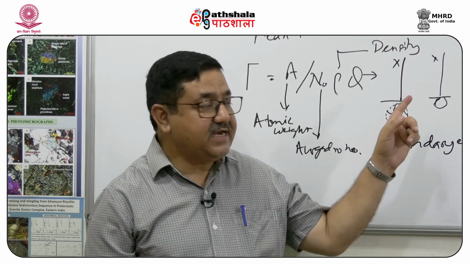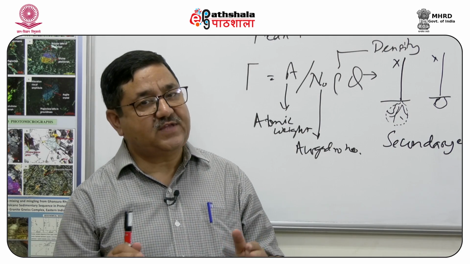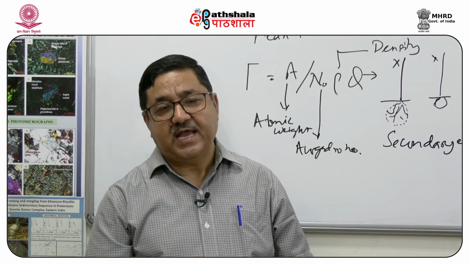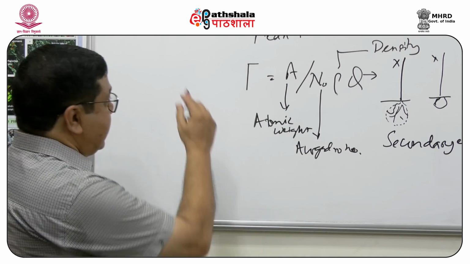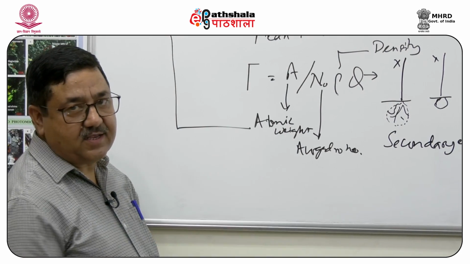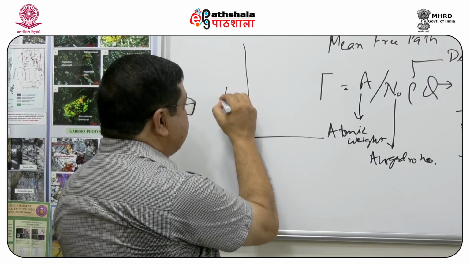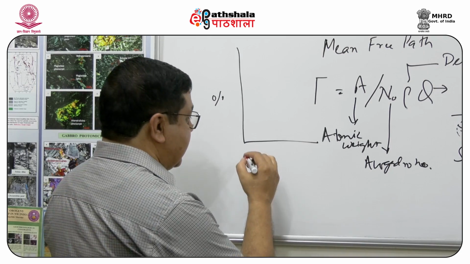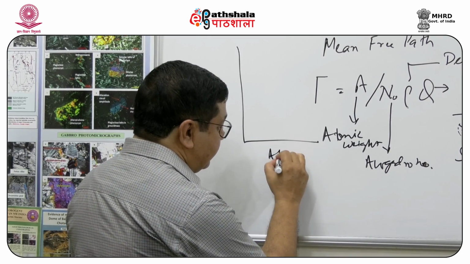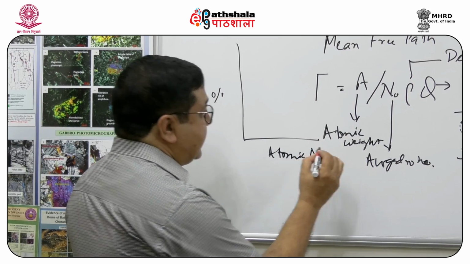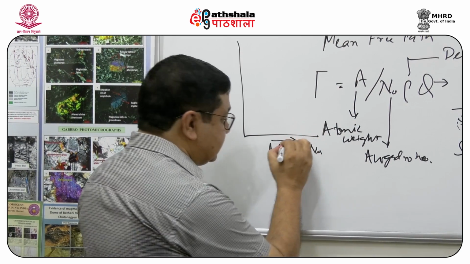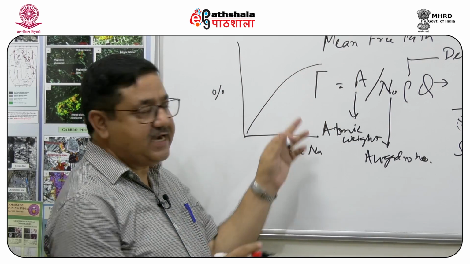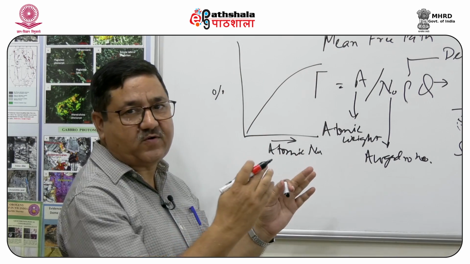However, these secondary electrons are not strongly a function of the atomic number of the material. So, therefore, they do not distinguish. If we were to plot a diagram where this represents the fraction of backscatter and secondary electrons, and this represents the atomic number, then increasing in this direction, then the backscatter electron production will be like this, that is, with higher atomic number, more backscatter electrons.